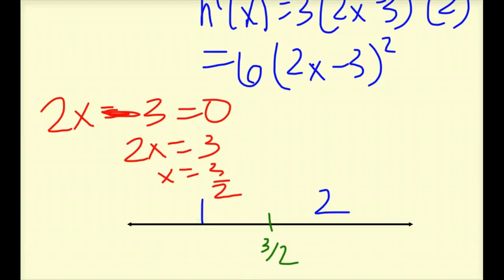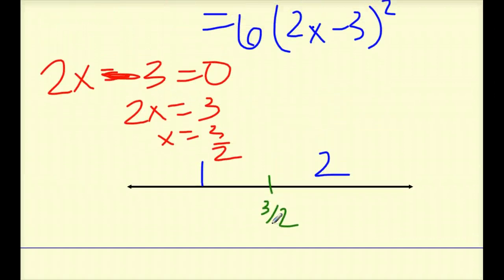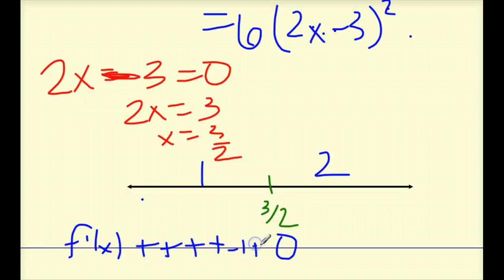So let's go ahead and see what happens to this. I know from my derivative, this was equal to 0 because of finding my critical point. If I plug in a 1, you notice this whole thing is squared. So no matter what, this is going to be positive. Same thing here. If I square this, I'm also going to be positive.